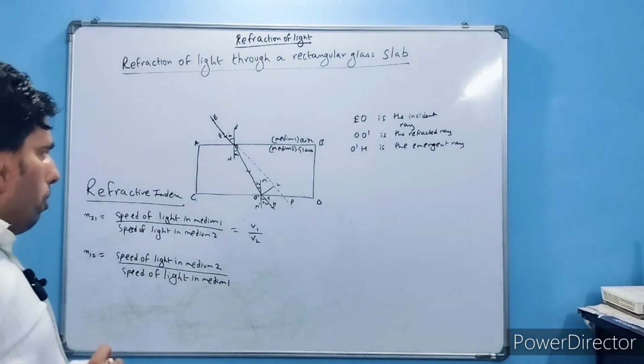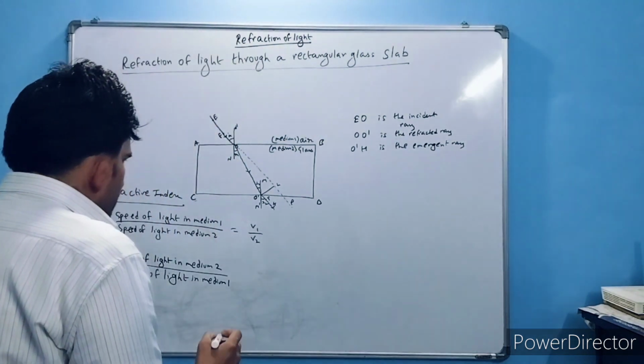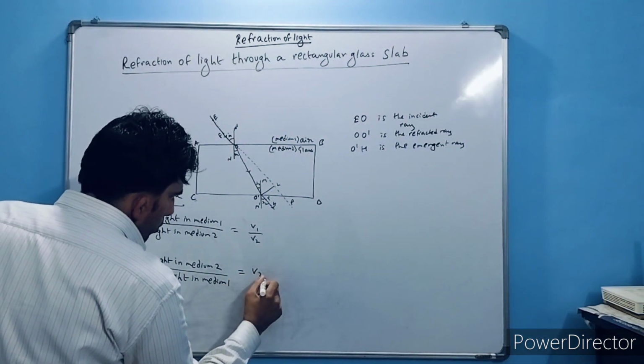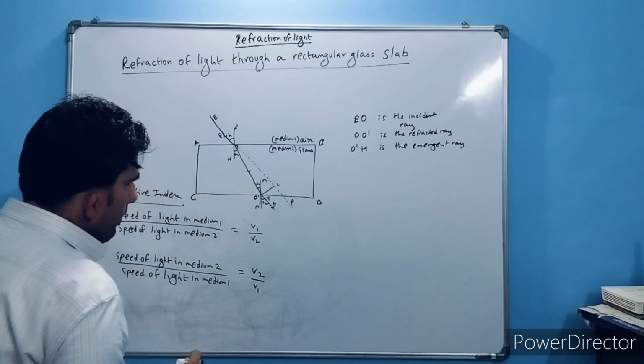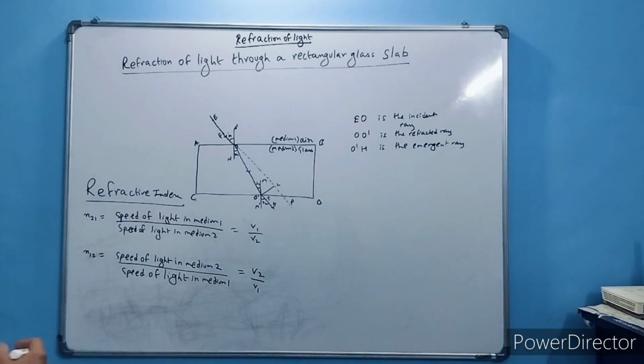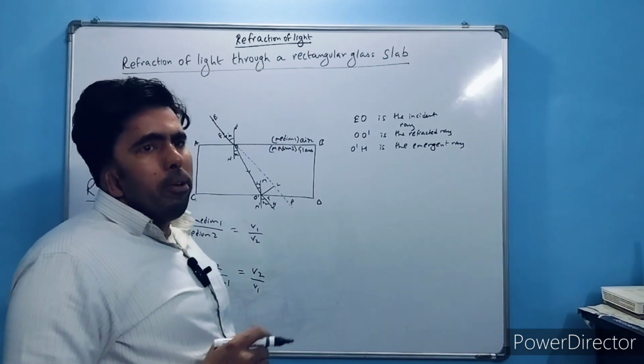So the formula will be v2 upon v1. That is how we can find the refractive index.